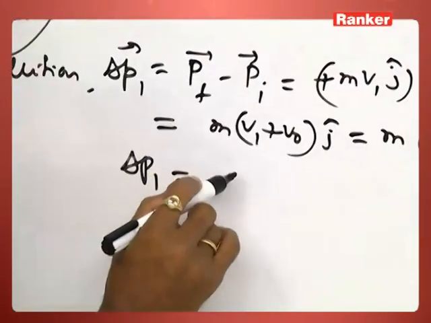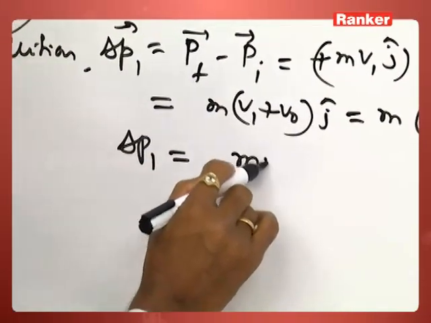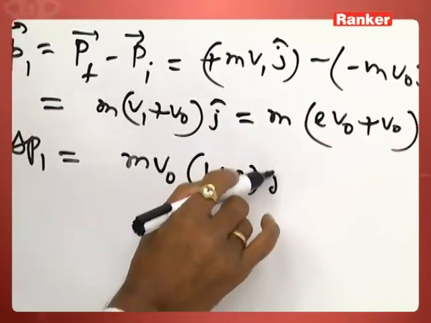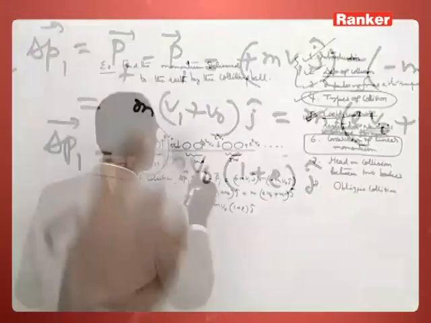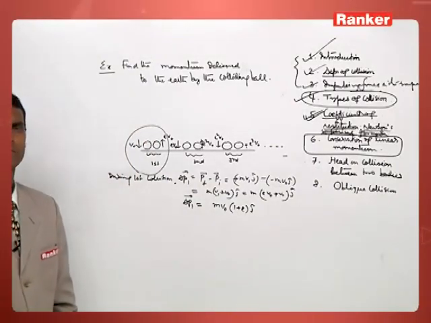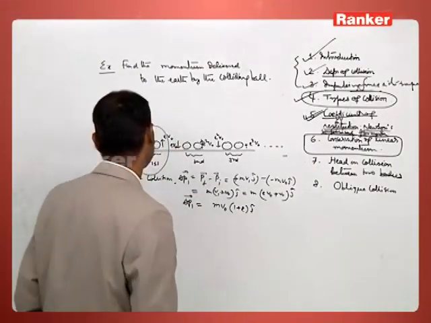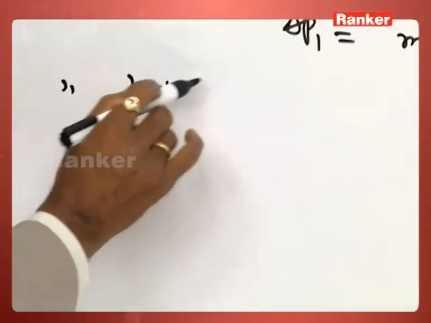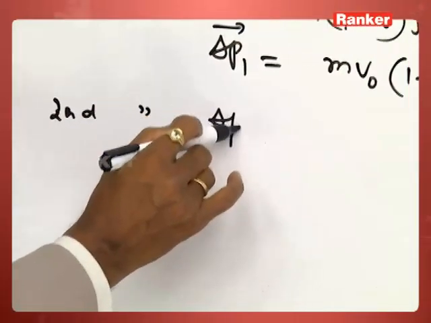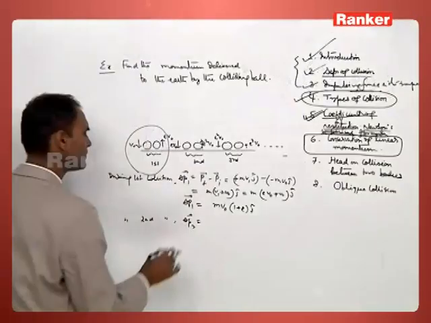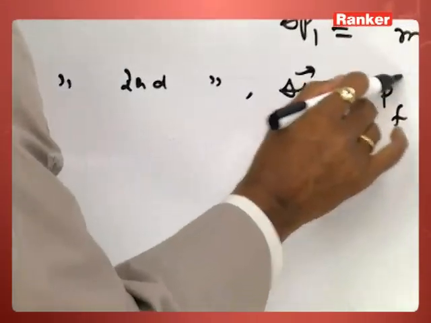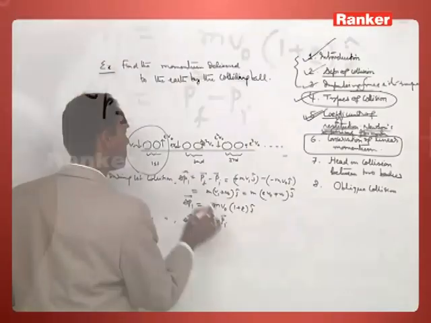Therefore, del P1 is equal to m v naught (1 plus e) in the j cap direction. Similarly, during the second collision, how much momentum is changing for the ball? Final momentum minus initial momentum.